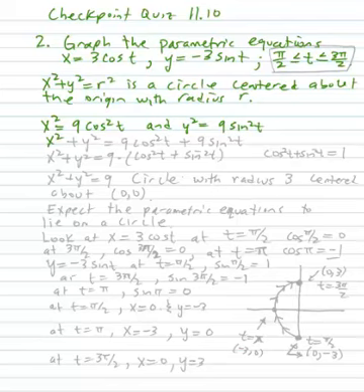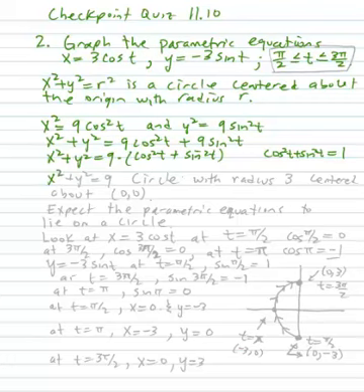X squared plus y squared is 9 cosine squared t plus 9 sine squared t, and we can factor out a 9. X squared plus y squared is 9 times parentheses cosine squared t plus sine squared t. And if we remember the Pythagorean identity, cosine squared t plus sine squared t is equal to 1.